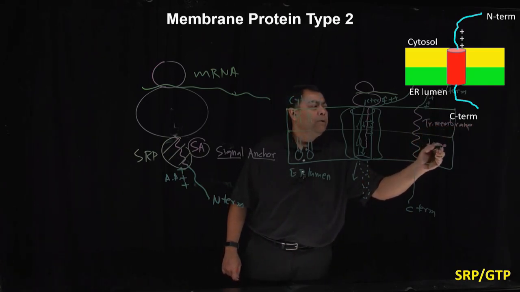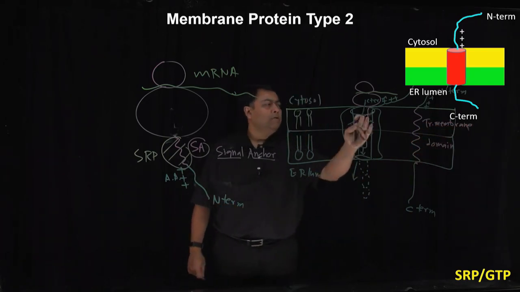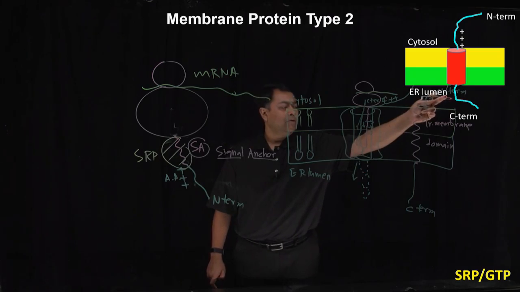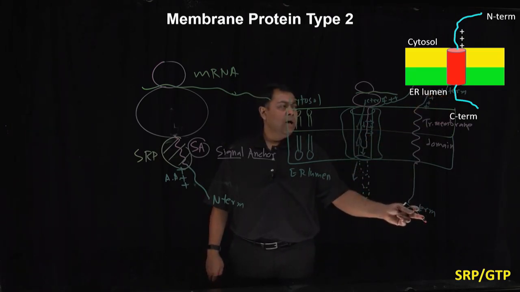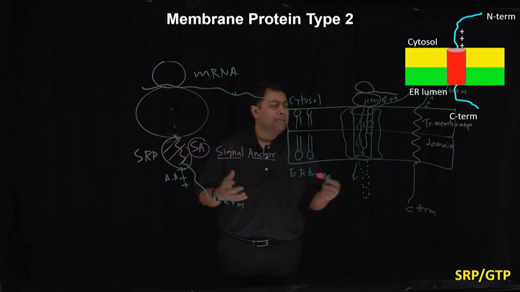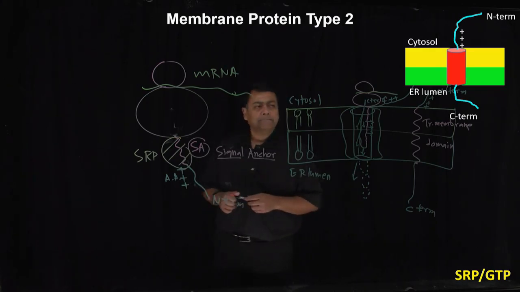That's going to eventually diffuse out from the translocon into the membrane, and that's how your type 2 protein is synthesized. N-terminal in the cytosol, C-terminal in the ER lumen. So that's how the type 2 membrane protein is synthesized.